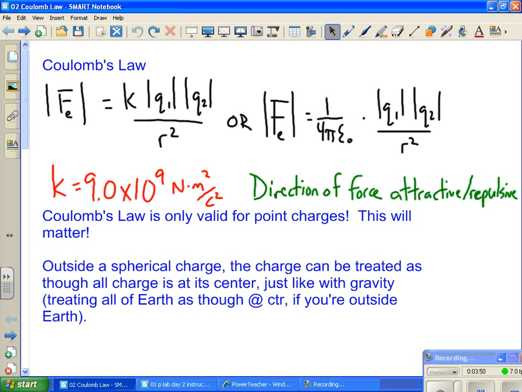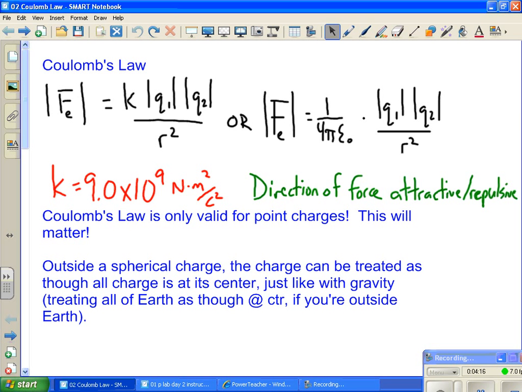And a reasonable person would look at that and say, why would any sane person ever do that? That just looks more complicated. Since 1 divided by 4 pi epsilon naught is exactly the same thing as K, I don't see why anybody would ever bother to choose to use it. And that's reasonable thinking. Over the course of the next few weeks, I think it'll unfold for us why anyone would do that. So just be patient with it.